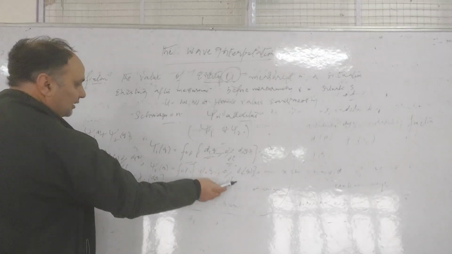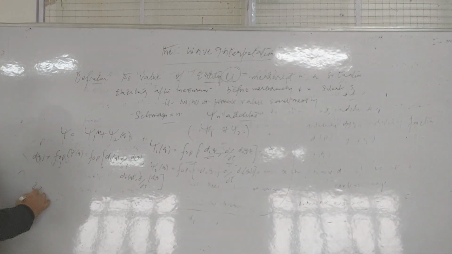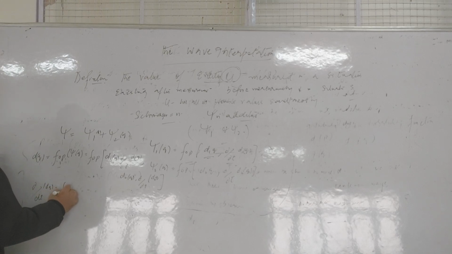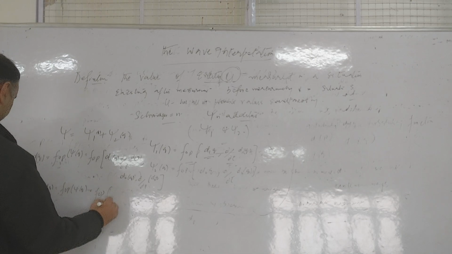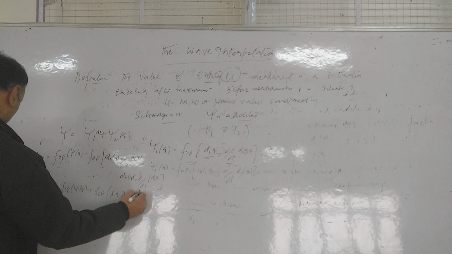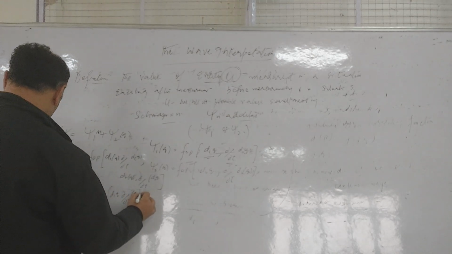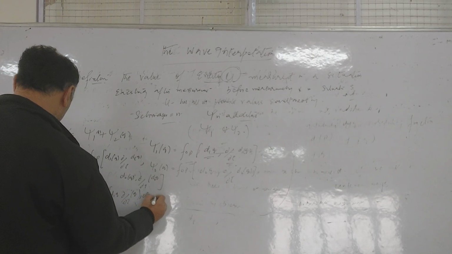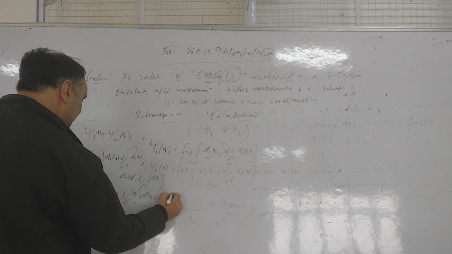You can add these, so f operator on psi of q can be f operator of d1q, d/dt of d1q, plus d2q, d/dt of d2q.